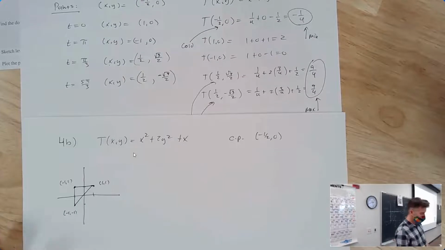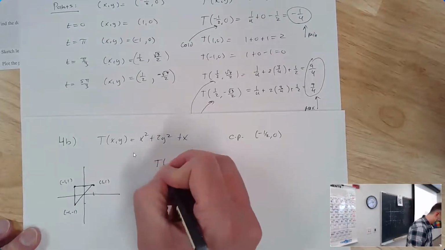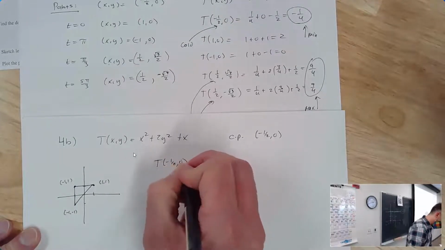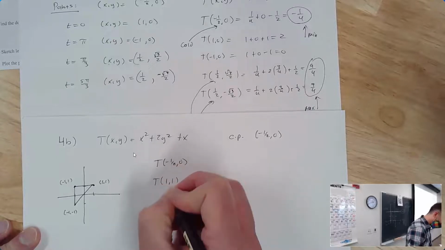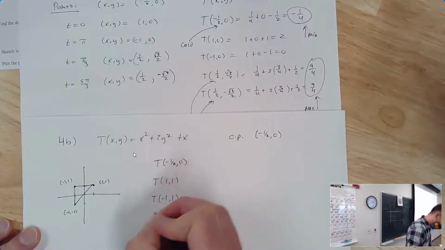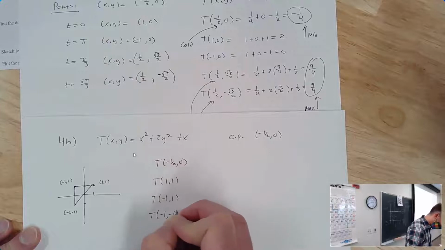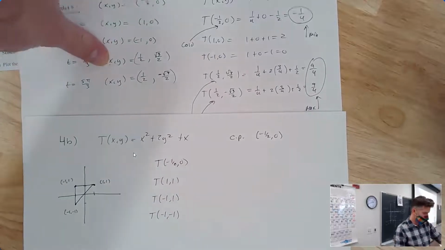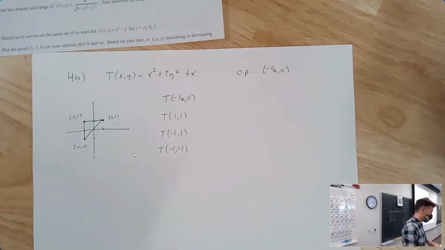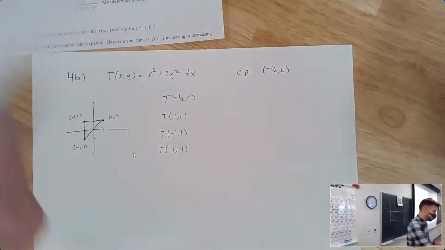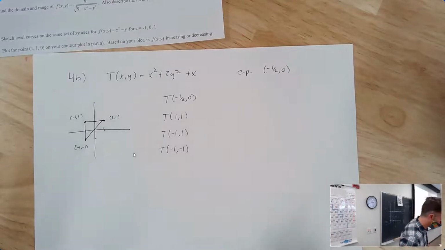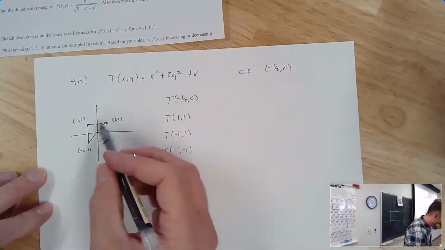So we have to check our corners. So we're going to check T of -1/2, 0, that's our critical point. And then we're going to do the thing evaluated at each corner. And then what else do we still have to worry about? The walls. So anyway, we have to worry about the walls.